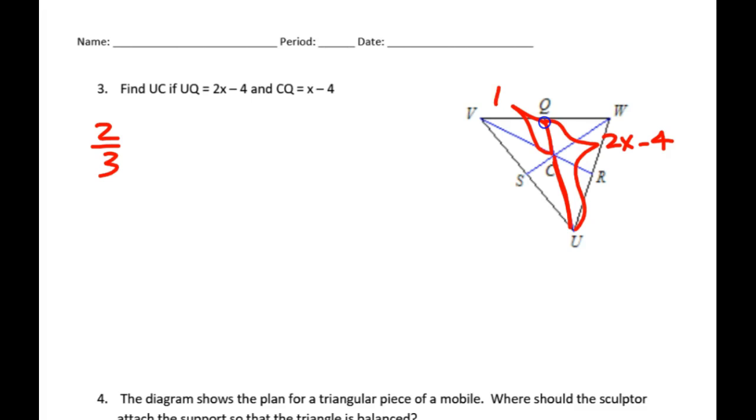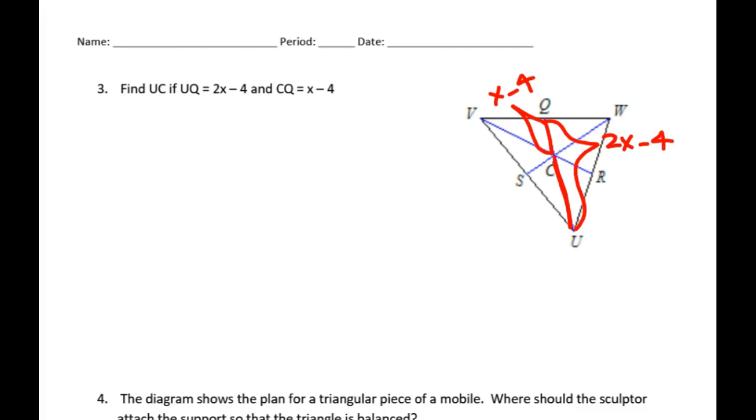This is x minus 4. Okay? So, what we're going to do is if we know 1/3 of it is x minus 4, and 2x minus 4 is the whole thing, then we can make an equation based off what we know.